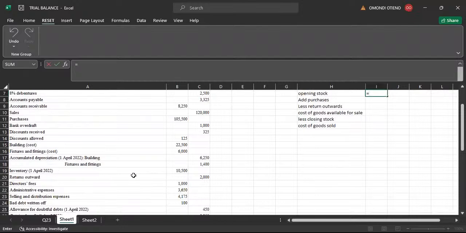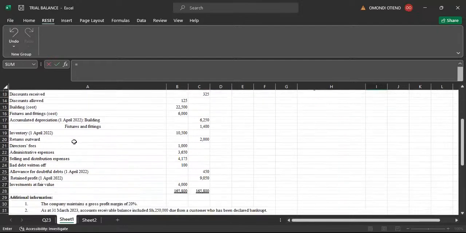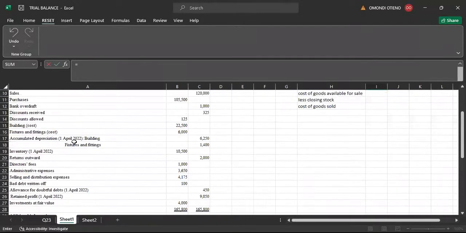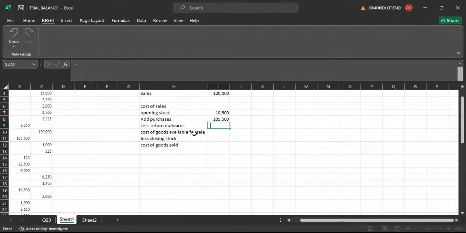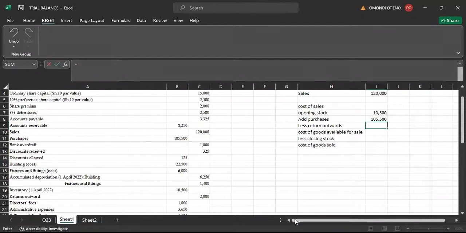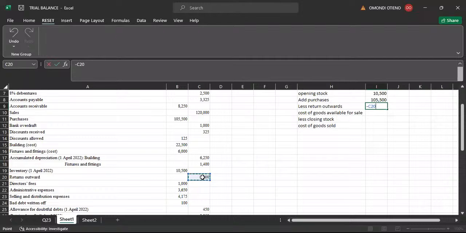Inventory as at 1st of April 2022 is our opening stock. We add purchases. Do we have purchases here? Yes. Then we less return outwards. I can just indicate a negative there and pick my return outwards, which you are able to identify is here.